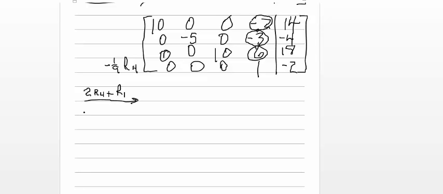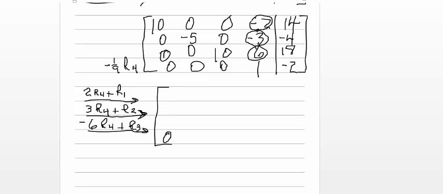Row 4 is my anchor row now. 3 times row 4 plus row 2 to get my new row 2. Negative 6 times row 4 plus row 3 to get my new row 3. So whatever my anchor row is, notice that I use that to change every other row along with the row I'm changing.